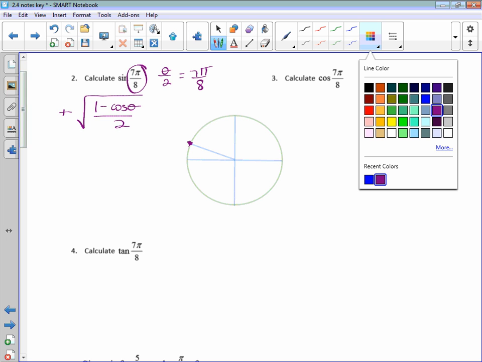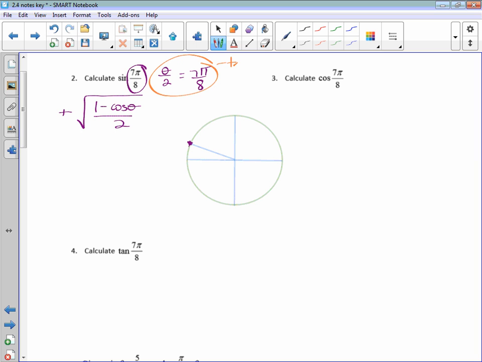Now you'll notice in the formula, it doesn't say cosine of theta over 2, it says cosine of theta, right?